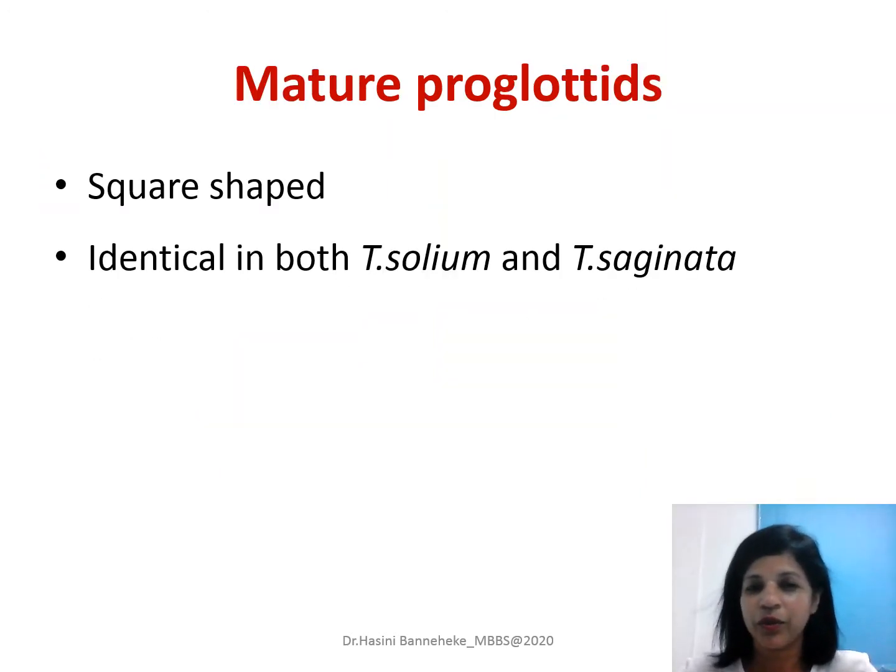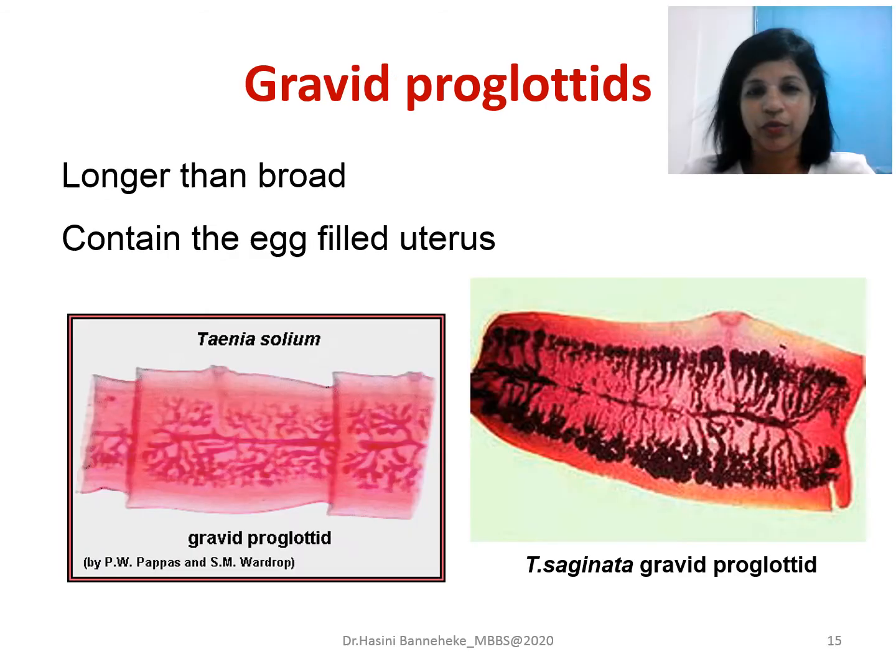Moving on to the mature proglottids, in both they are square shaped and more or less identical, so it is difficult to recognize whether it is solium or saginata by looking at the mature proglottids.